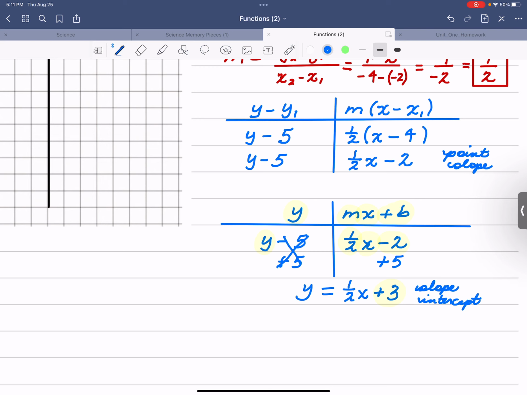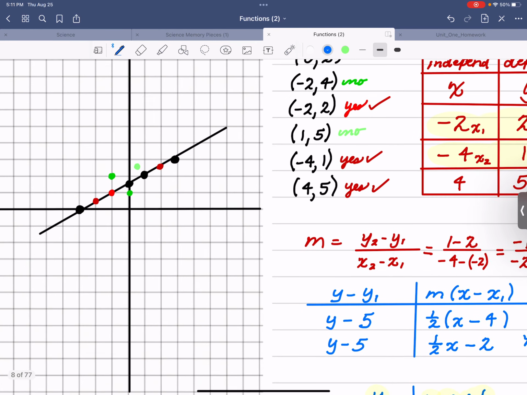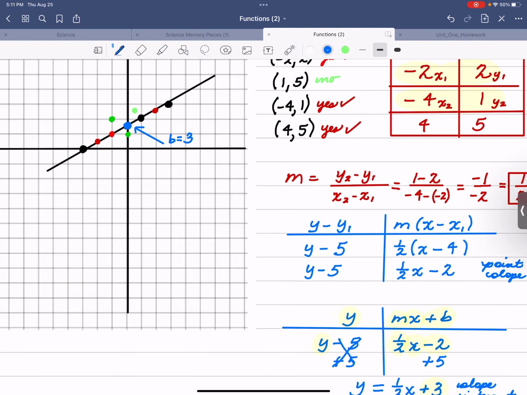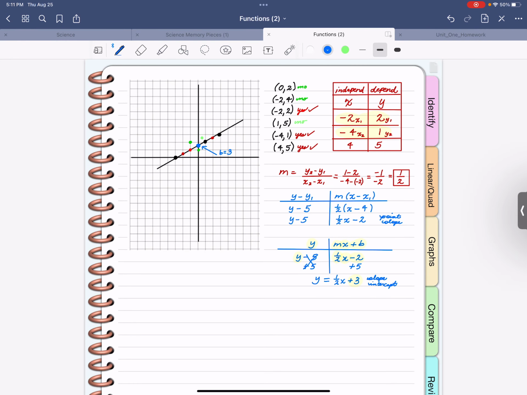But it says baby b is at +3, so that's where that line better cross the y-axis. And look at that. There's baby b, right where he's supposed to be, at +3. So that tells me that all of that math in there is spot on. We did not make any mistakes.